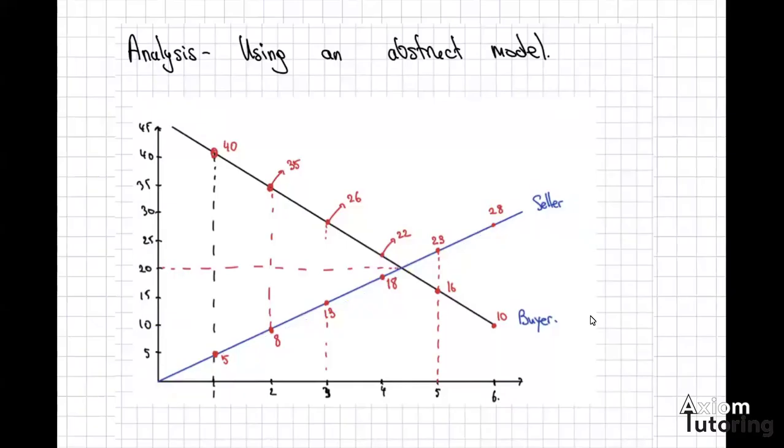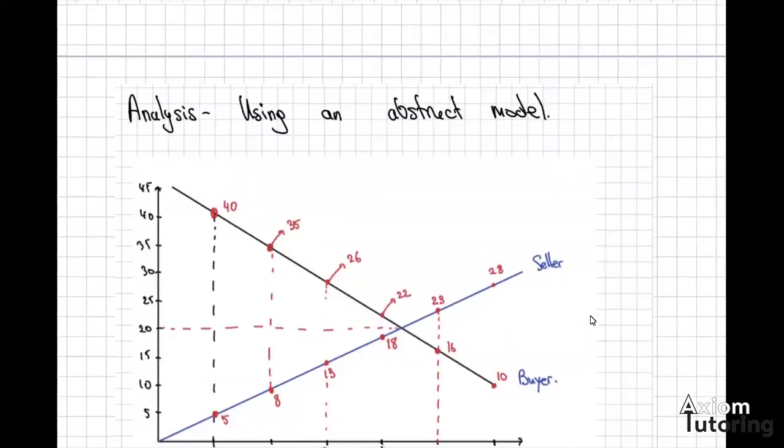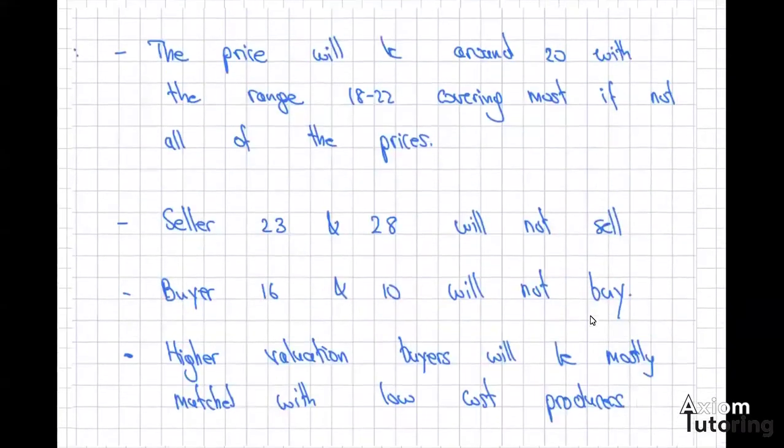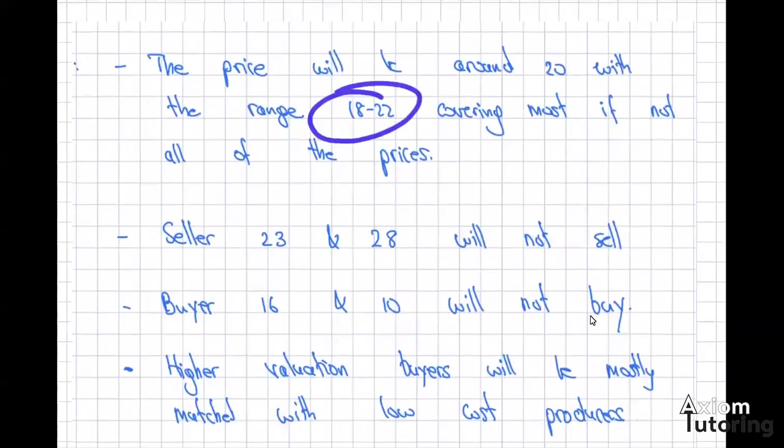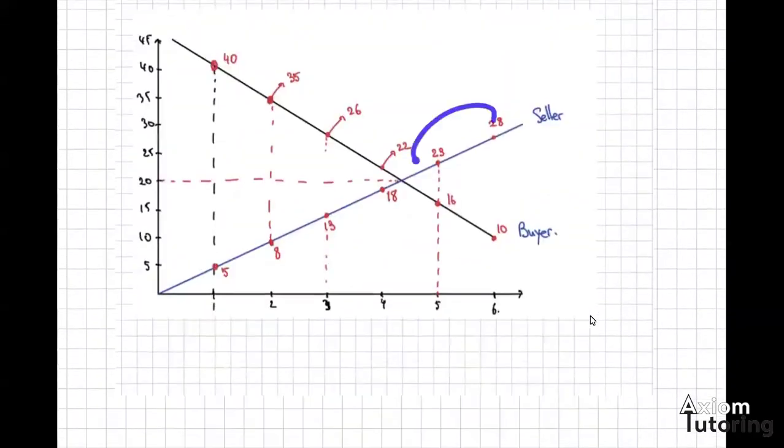Now, what will happen in the real world once these people actually sit down and start screaming different prices at one another? Well, I've done this many times over the years, and it's really remarkable how close those prices are to the 18 to 22 range. It's quite remarkable that these two sellers here and these two buyers here almost always don't get to buy.